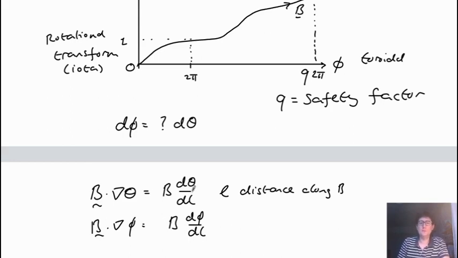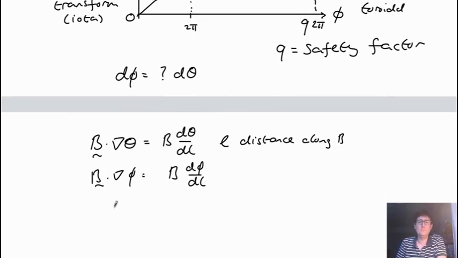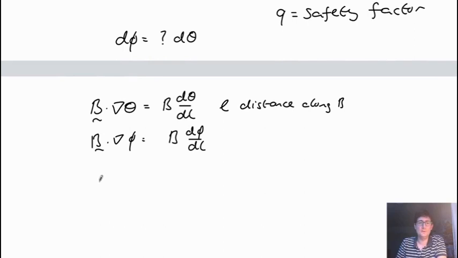And so you can work out the change in phi and change in theta along the field line by just taking the ratio of these two. So along the field line, d phi by d theta is just given by this ratio.